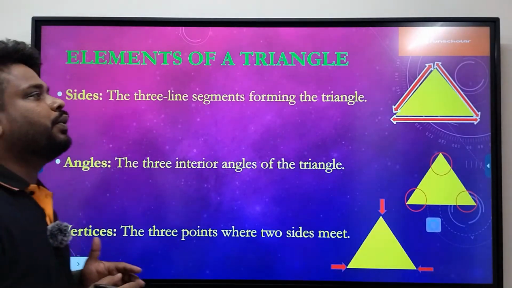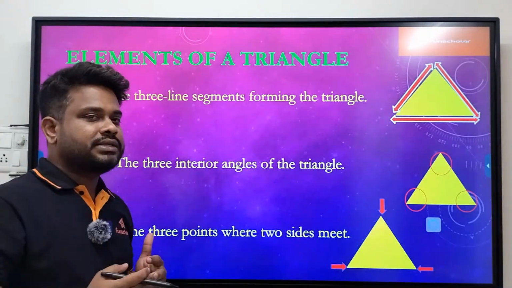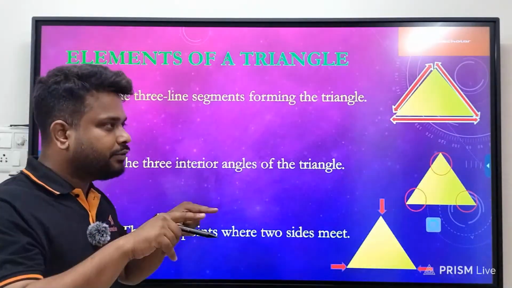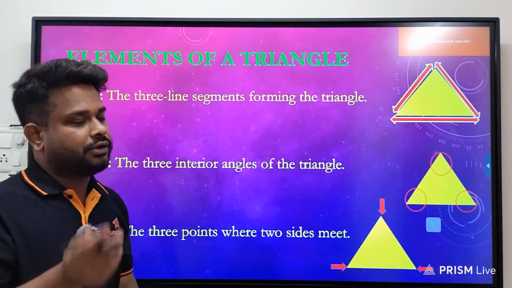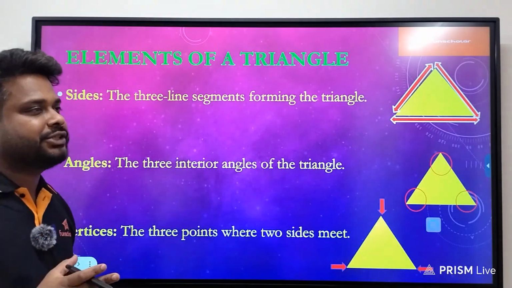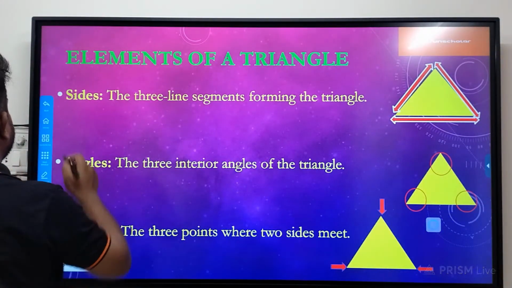Now we have learned what the triangle's definition is, and now we are going to discuss the parts of the triangle which make any closed figure with three sides a triangle. In the triangle's definition, I used the word sides. So the first one is sides.